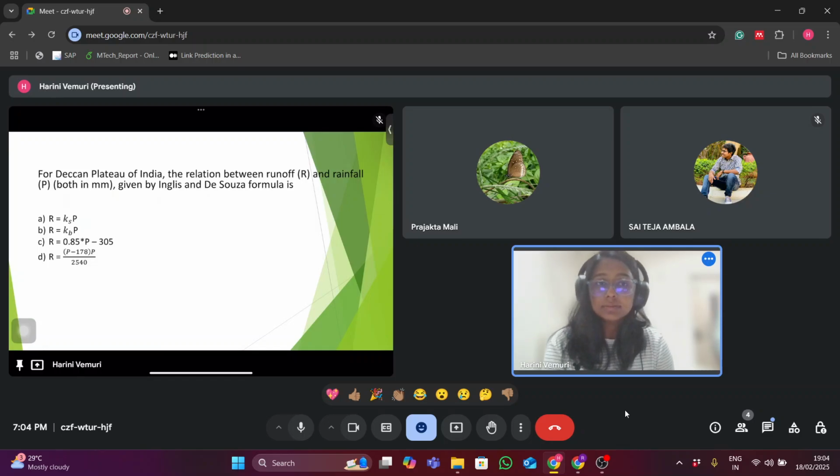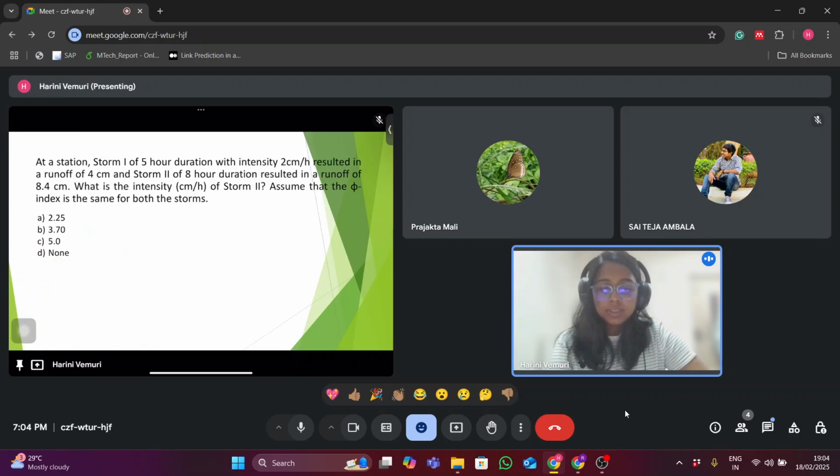Any answers? So here, as we have discussed, for Inglis formula, for ghat regions the runoff is calculated using this formula, and for plain areas, this is the formula. So for Deccan Plateau we will use this formula, R equal to P minus 178 into P by 2540.